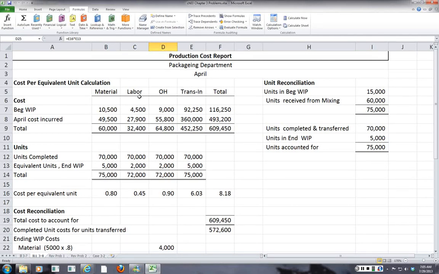So now we've developed a production report for the packaging department that includes that transferred in. In the cost per equivalent unit calculation, we've got our material, labor, and overhead plus the transferred in cost to come up with a total. We have a beginning WIP inventory of these figures.